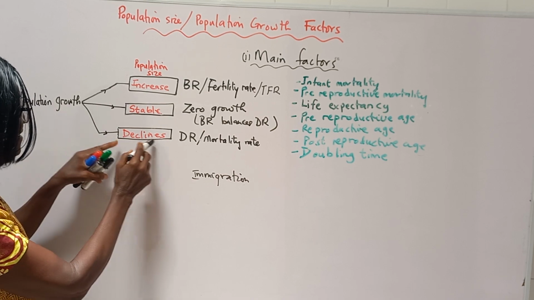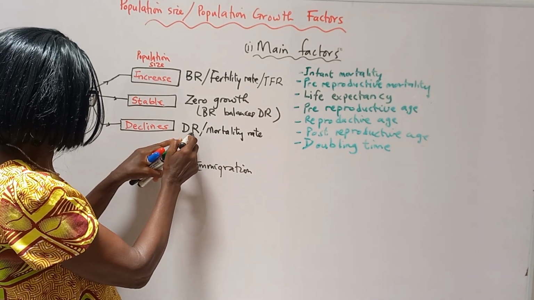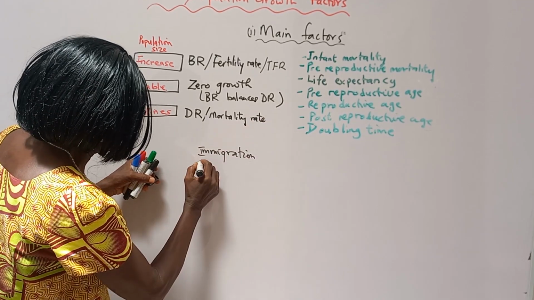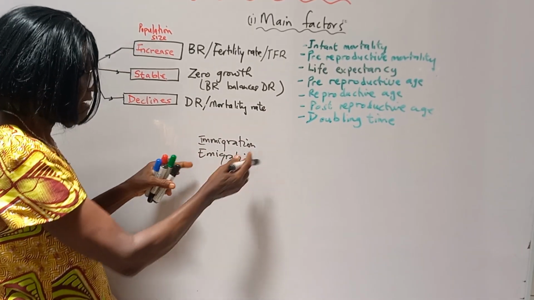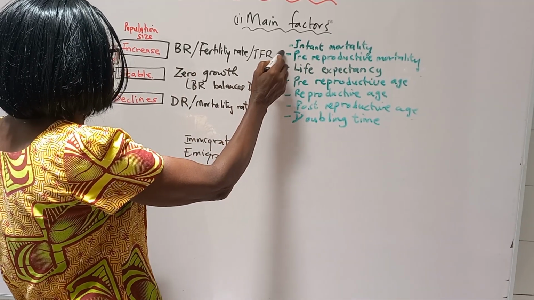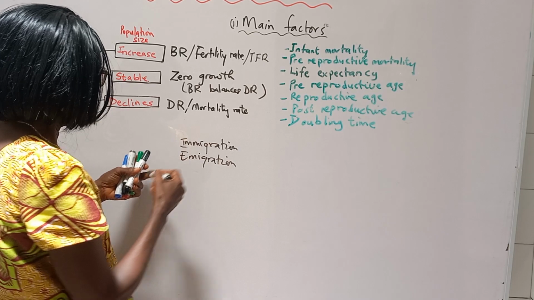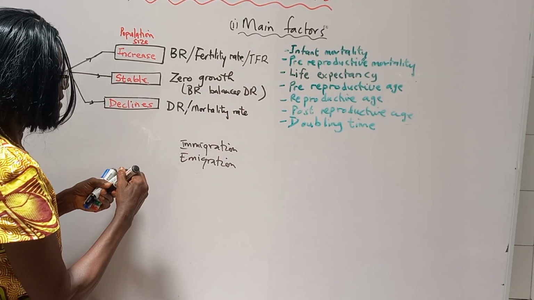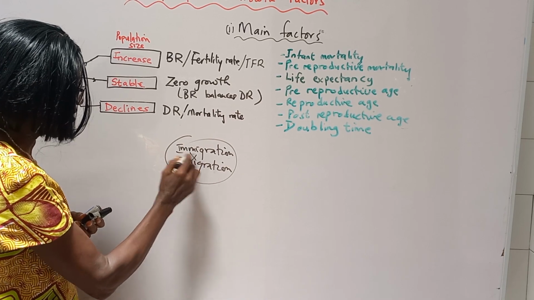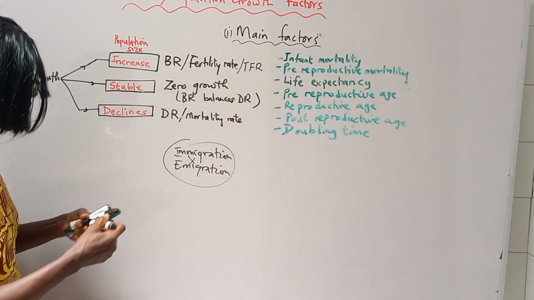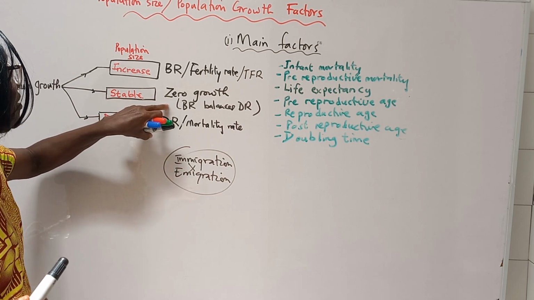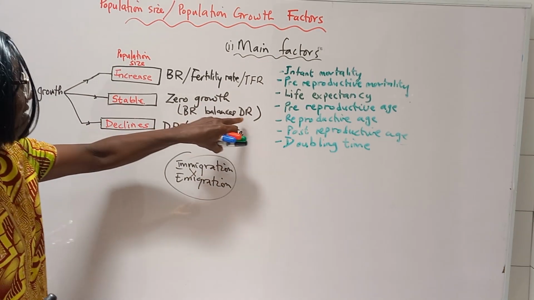Population also declines as death rate or mortality rate increases, and then also emigration. Emigration means organisms leaving the environment. So in here we have plus immigration, plus emigration, but we exclude that because we assume that immigration and emigration cancel out. And notice that when the population remains stable, there's no population growth, birth rate balances death rate.